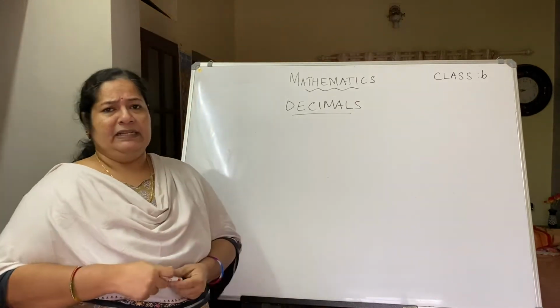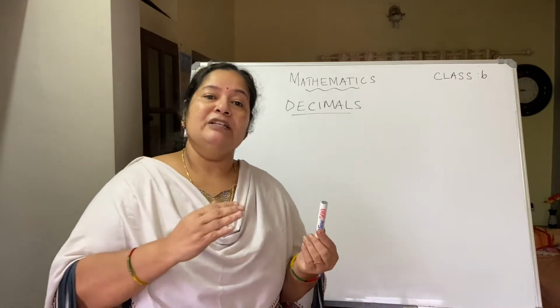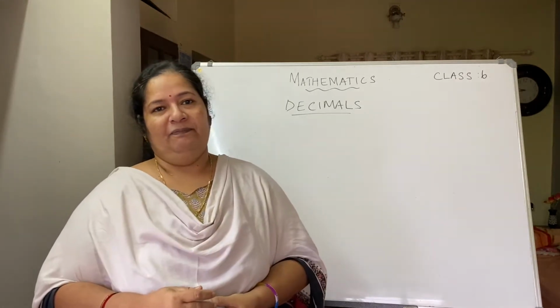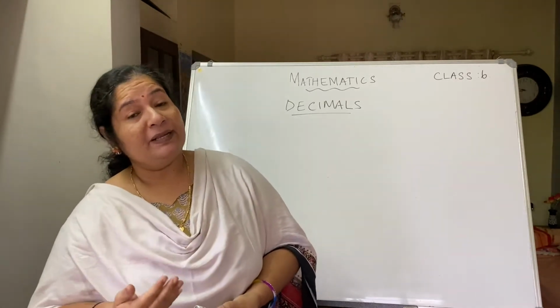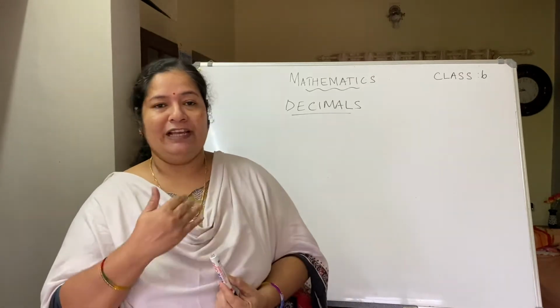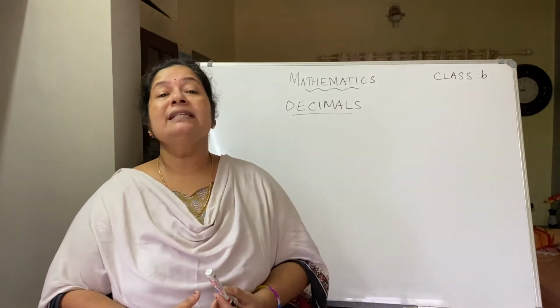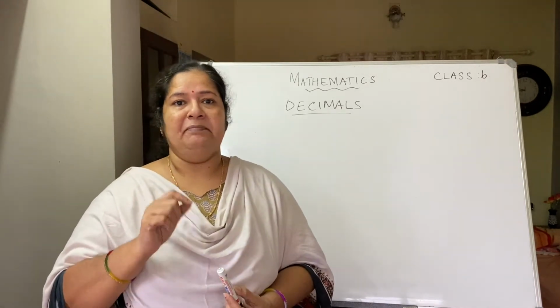What are decimals? Decimals are also part of a whole. It is another way of representing part of a whole. One method is by writing it as a fraction. Another way of representing a part of a whole is as a decimal.